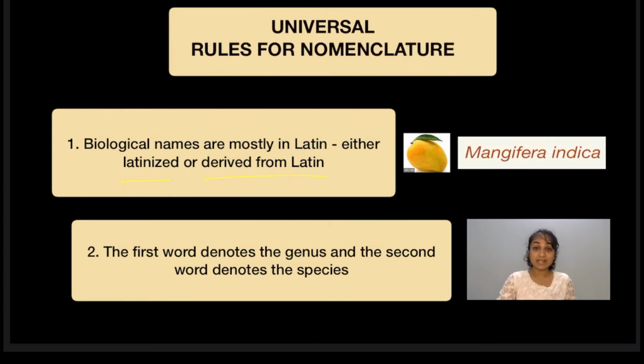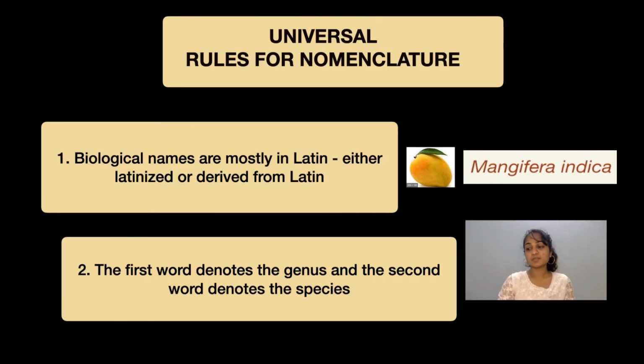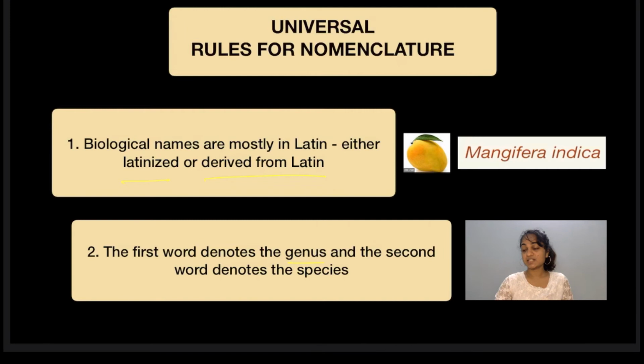They are either Latinized or derived from Latin. As you can see, Mangifera indica is a Latin name. Along those lines, number 2: the first word denotes the genus and the second word denotes the species. This is something we just discussed while talking about why it is called binomial nomenclature.